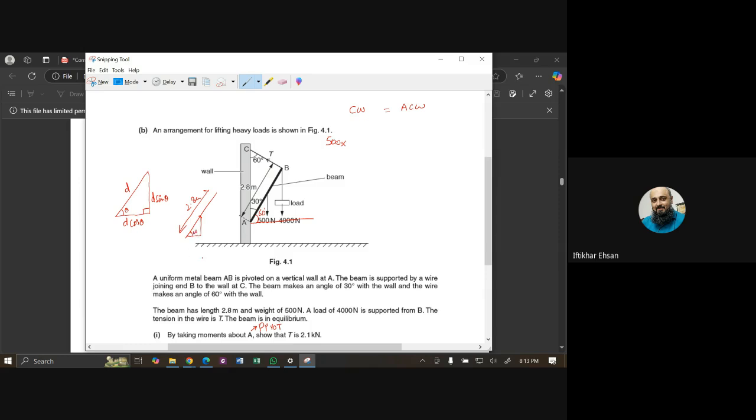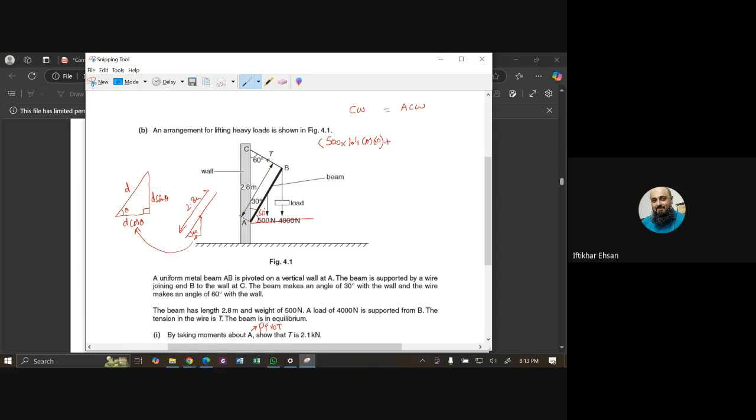And we need this distance, the perpendicular distance, and that is adjacent. So here the distance is 1.4 times cos 60 degrees, right? Clear? Yes, sir. It was not plus. We have another, so we keep it in the bracket.